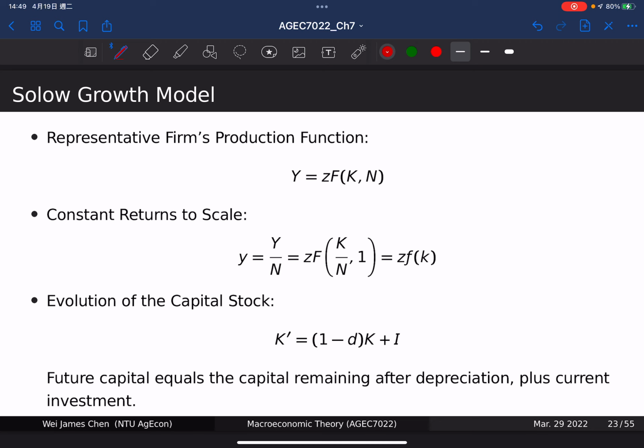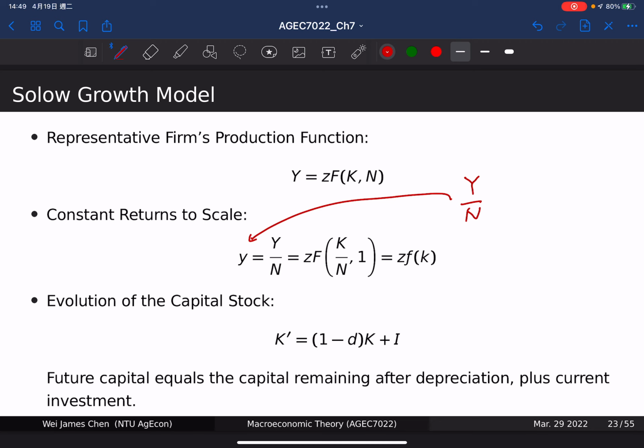Sorry, I forgot to say that first. So constant returns to scale gives us what? We can divide everything by the population, the capital N. And so Y divided by N is this. It's the lowercase y. We always use the lowercase as the per capita number, and the uppercase as the total number, the total sum.